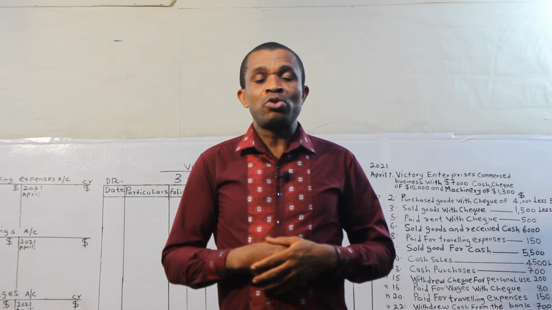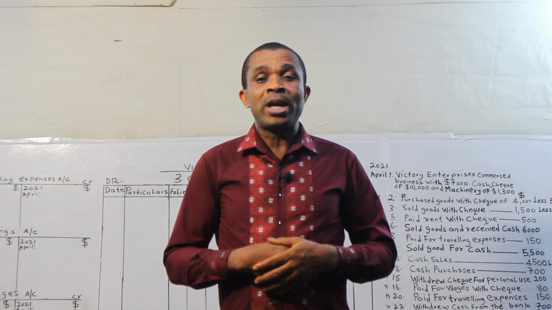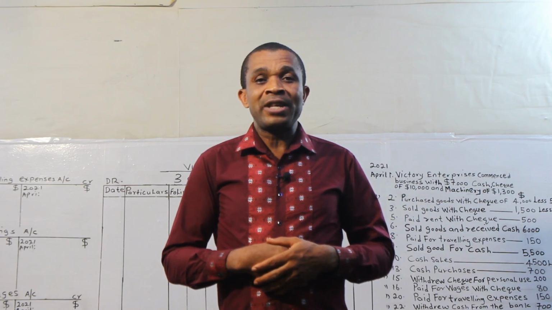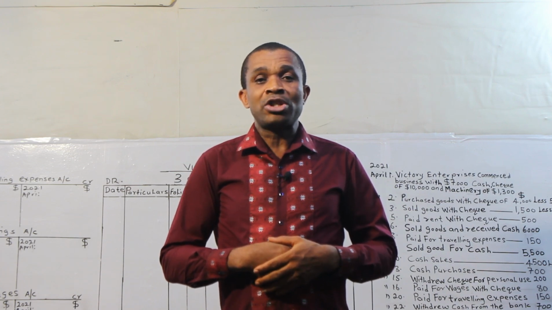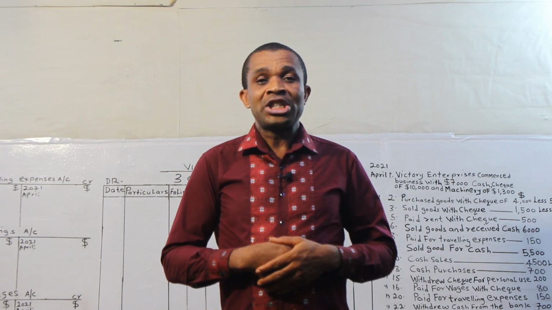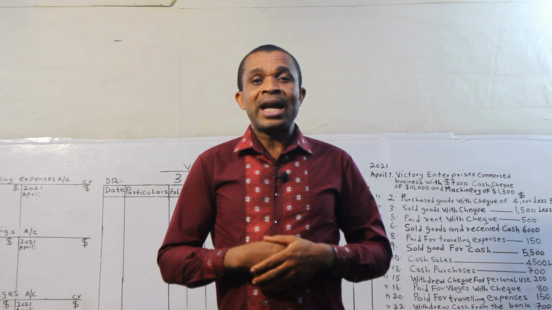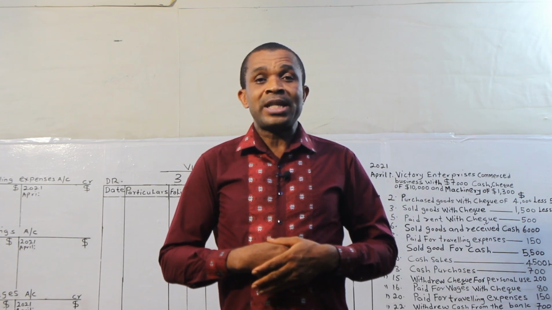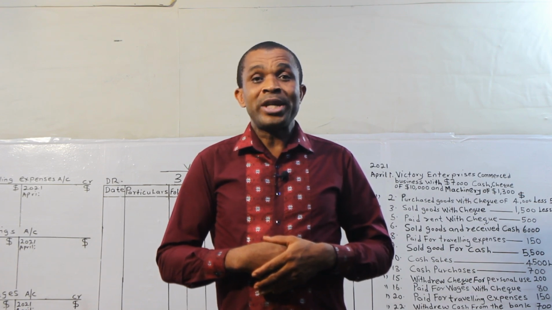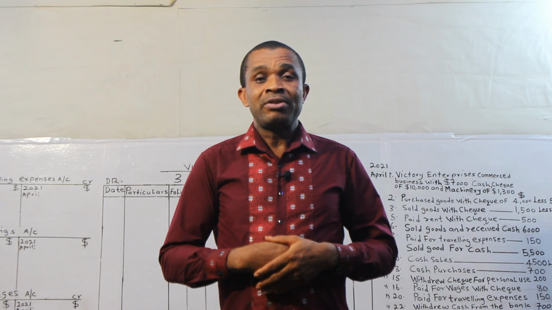Now, capital account will be opened to represent the owner of the business and be credited with the items given out. Now, the capital account is going to be credited with cash, check, and machinery given out, while on the other hand, the cash book will be debited with cash and check received, while the machinery account will be debited with the value of the machinery received.